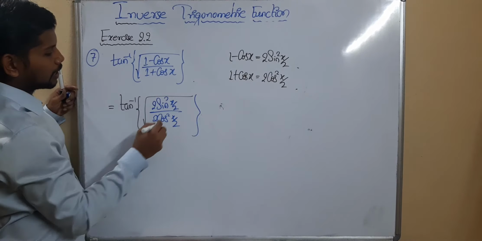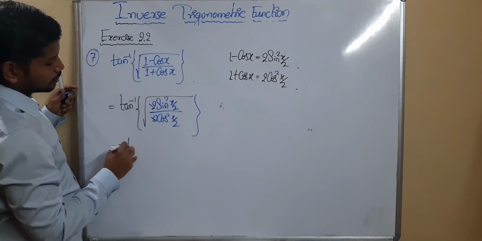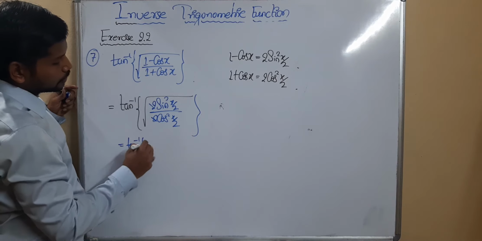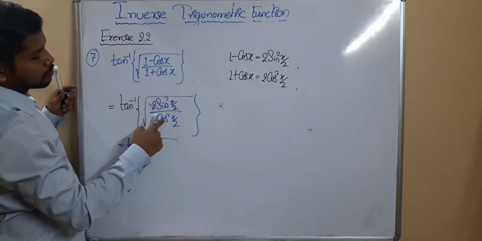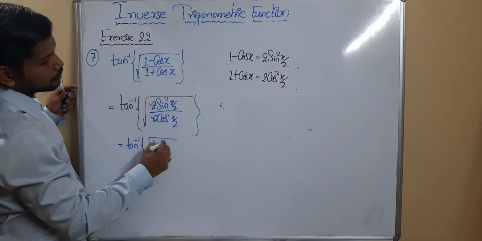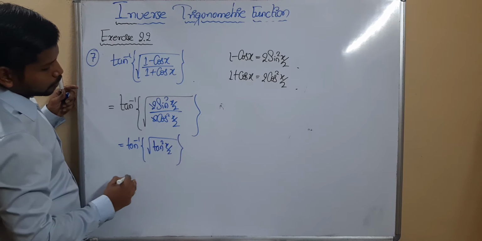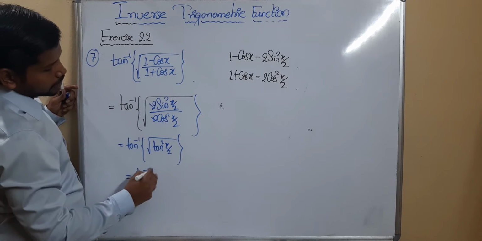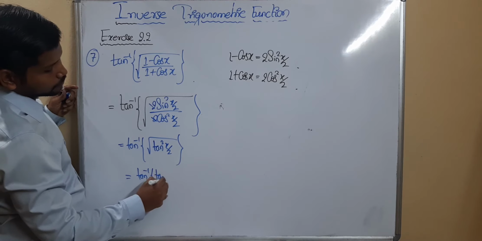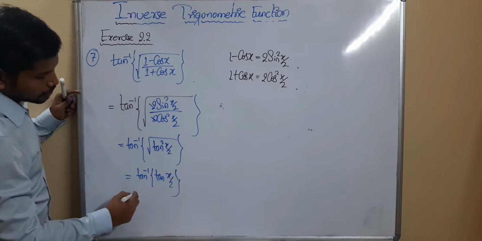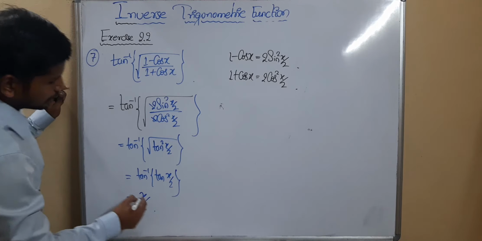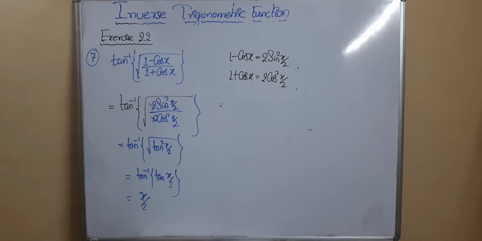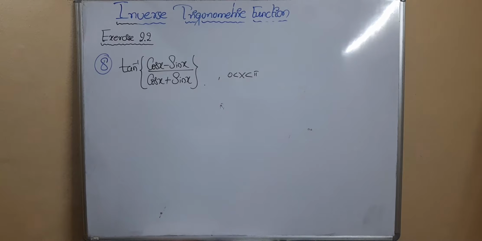By using these formulas, 2 will be cancelled. Tan inverse of square root of sin square by cos square, which is tan square of x by 2. The square root will be cancelled. It will be tan inverse of tan of x by 2. What is tan inverse of tan of x by 2? It is x by 2, which is the simplest form of the given.